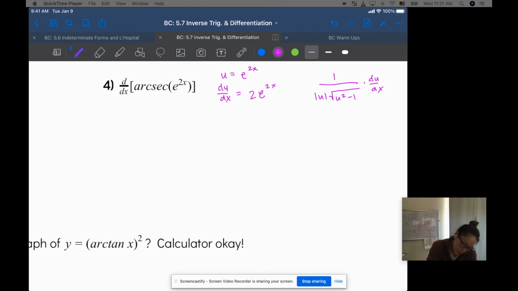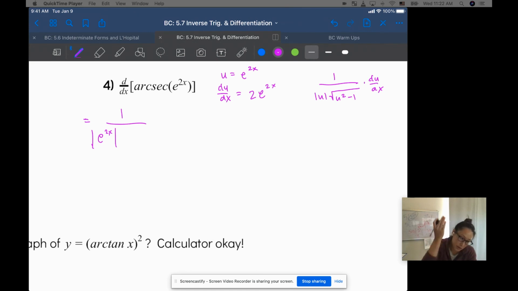Okay, so I get 1 over u, which is e to the 2x, and I'll put absolute value, although e to the 2x would be positive no matter what x values you plug in, since the range of e to the x is y is greater than 0.